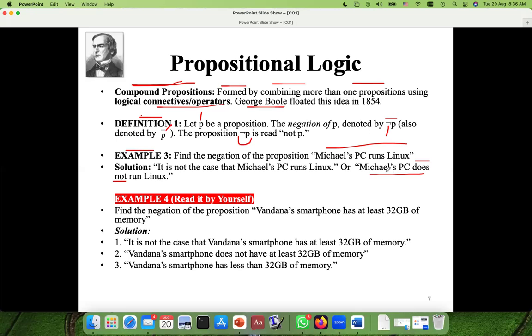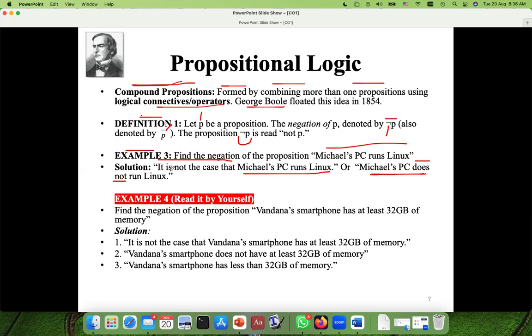If you are feeling complexity here, Michael's PC does not run Linux, then the easy case is to just write: it is not the case that, and then repeat whatever is given, just repeat it after that. This example is for students like me who don't want to think too much. So it is an easy example.